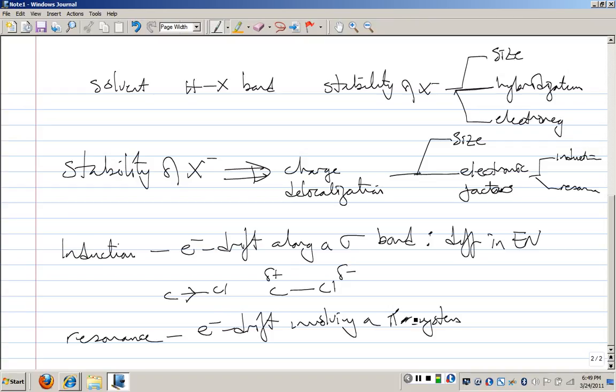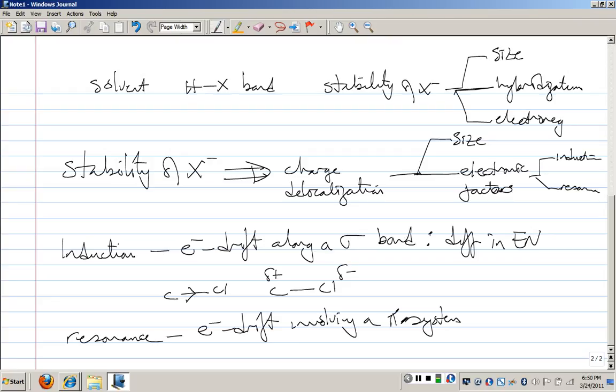We said at the end of last lecture, and reinforce it in this one, that a major factor that affects the strength of an acid is the stability of the conjugate base. The stability of the conjugate base comes down to one major factor. How is the negative charge on the base stabilized? And the answer is we can stabilize a minus charge by simply being big. That's the crudest way of doing it, but it's very effective.